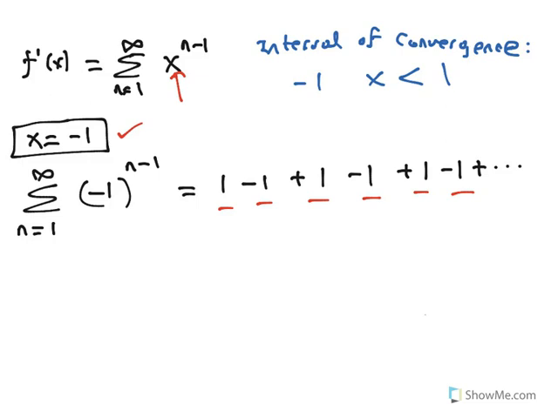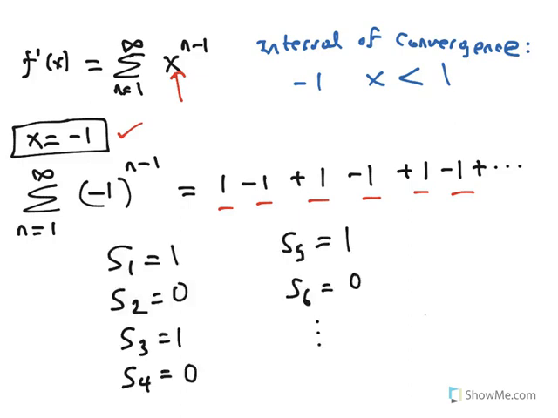So there is no one particular value that the partial sums are approaching as n goes to infinity. The partial sums will always alternate between 1 and 0, so the limit of the nth partial sum as n goes to infinity does not exist.